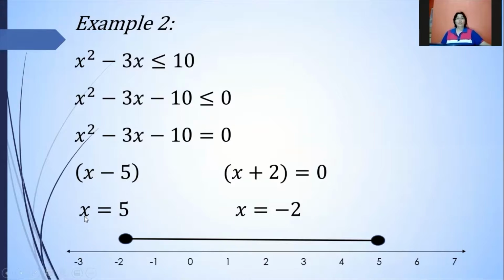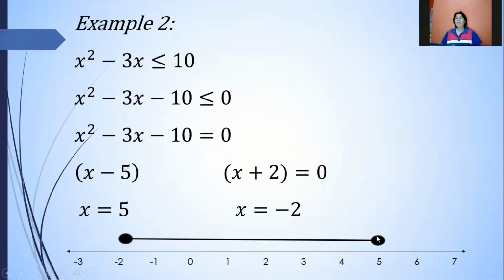Then equate to 0. X now is equal to 5. And the other one, x is equal to negative 2. Negative 2 and 5 are the critical points or the boundary. Immediately above -2, we have to place a solid circle. The same will hold true with positive 5.